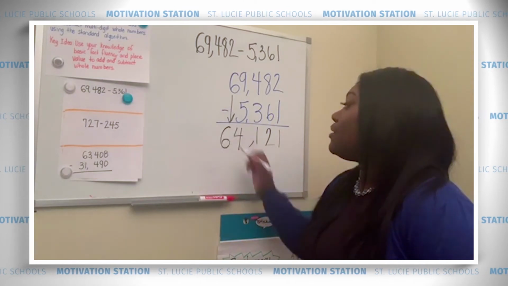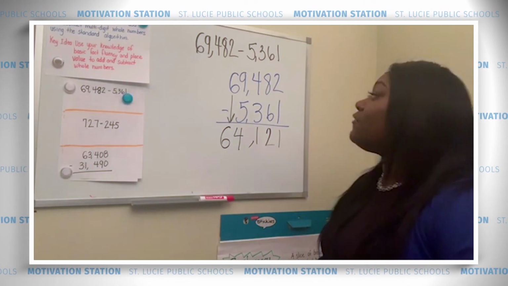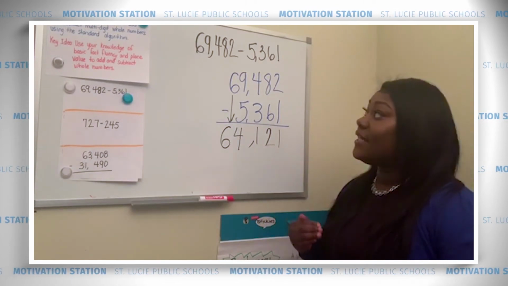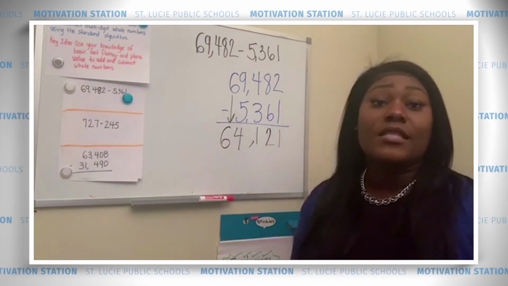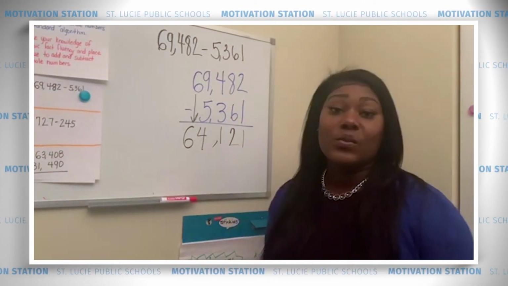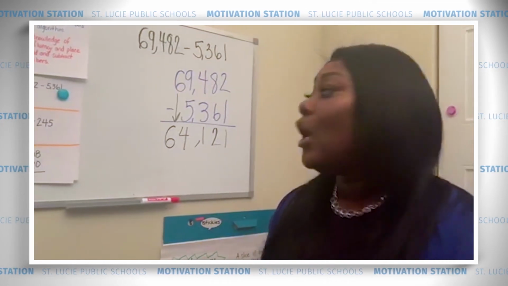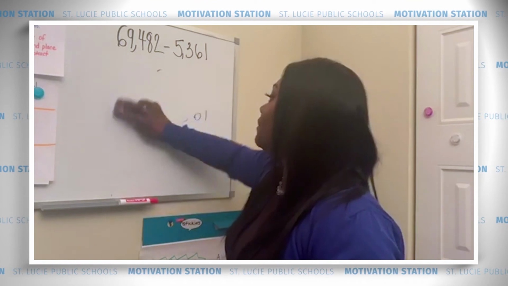So I'm just going to bring my 6 10,000s down. So the difference between 69,482 and 5,361 is 64,121.